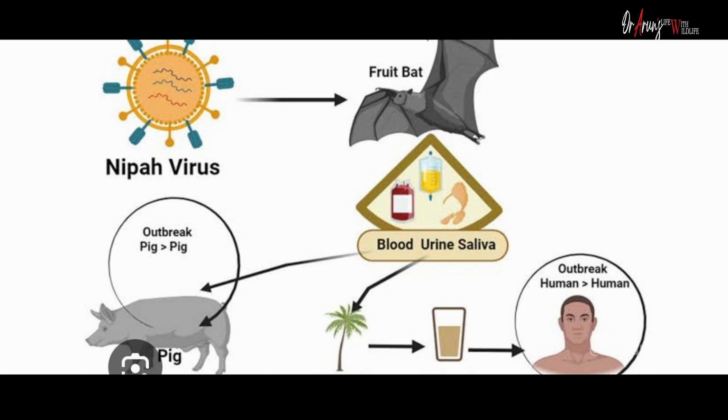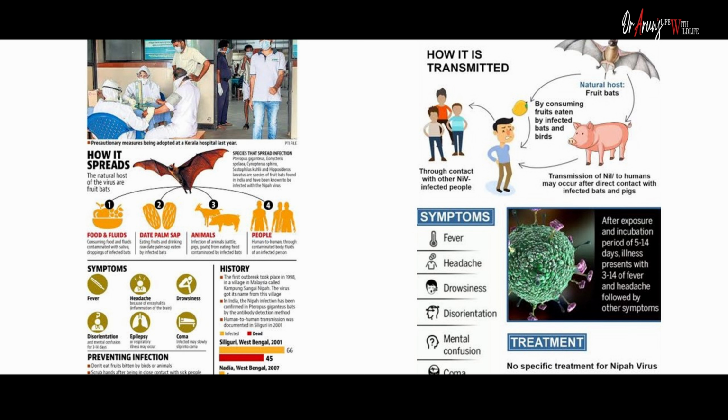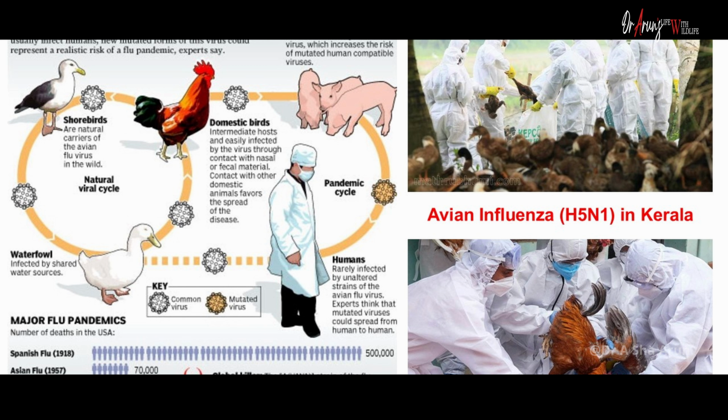Human-to-human transmission can also occur, particularly in healthcare settings. The symptoms range from fever and headache to severe respiratory issues and encephalitis, with a mortality rate of up to 75%. In response, authorities have implemented contact tracing, quarantine, and public awareness campaigns to contain the outbreak.